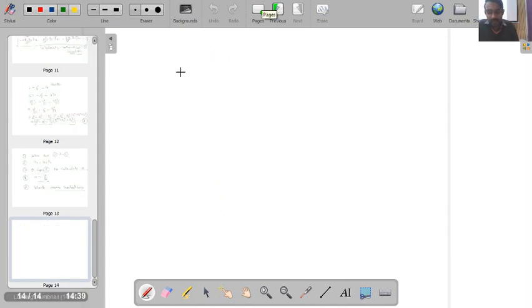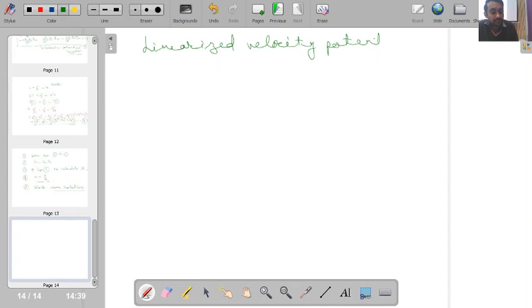Now we will try to get the linearized velocity potential equation. And what is the benefit of this velocity potential equation? The benefit is that if we are able to get the closed analytical form of solution, then within very less time we will be able to get the solution fast.